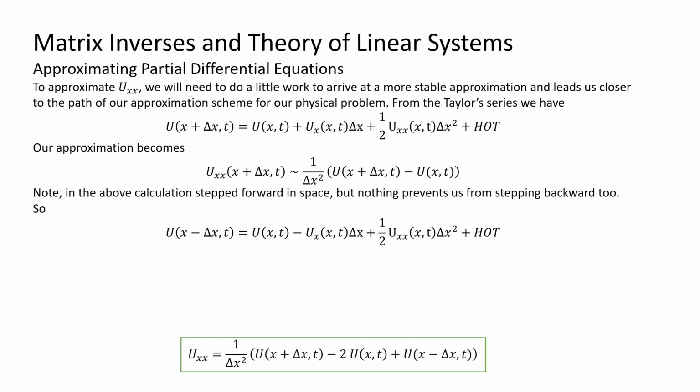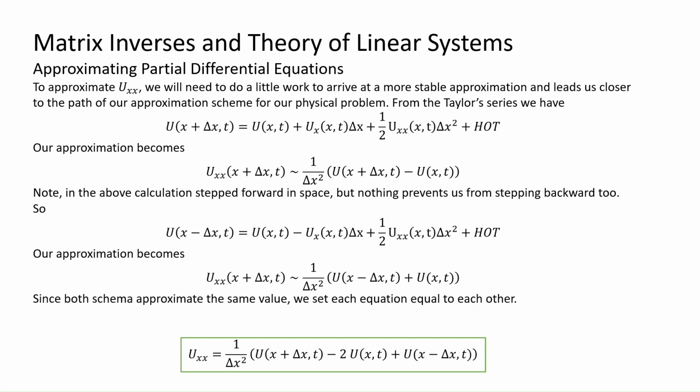And so finally, our next goal is to consider a weighted average of where we're going to, where we're coming from, and where we're currently at, which means we're going to set these two derivative approximations equal to each other and solve, which finally yields a second order approximation that is much more stable than the original approximation and just stepping one direction.